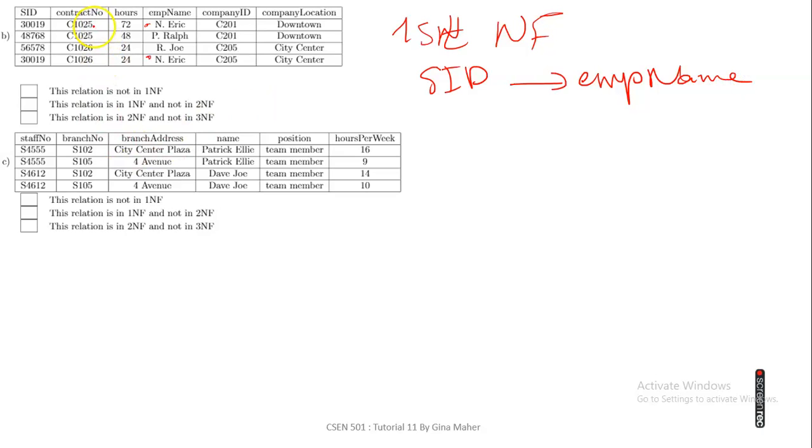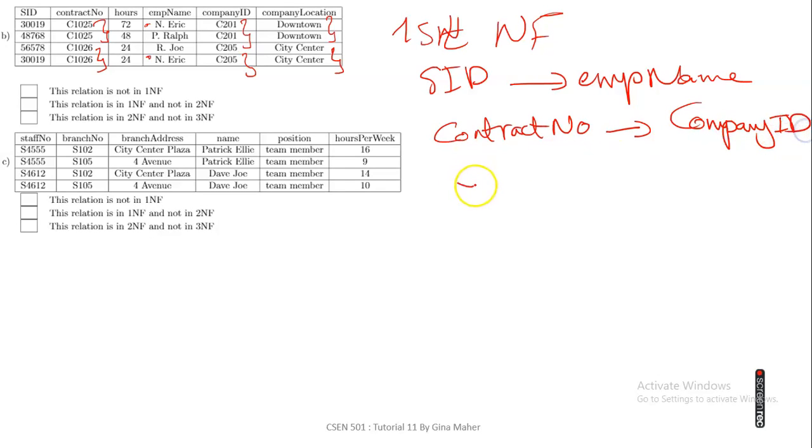The contract number, when it is 25 here, the company ID and the location are the same. And when it is 26, the company ID and the location are the same, which means that the contract number implies the company ID and the company location.